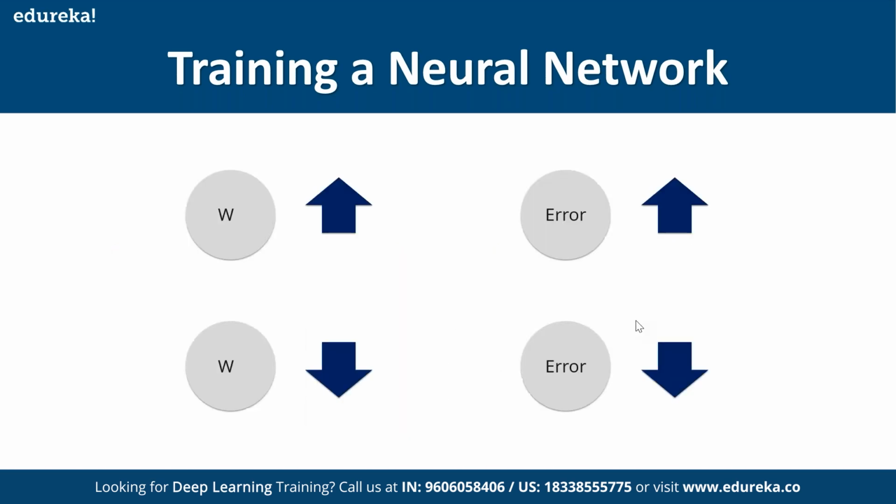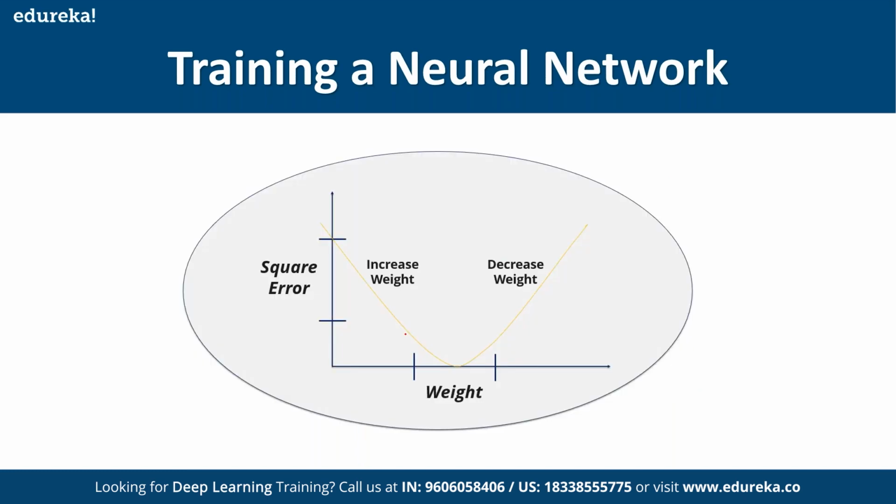So this way it will make changes in the weights of your neural network so that your error can reduce. At one point, at a particular weight value, your errors are 0. This is the weight of your neurons, which will be locked.